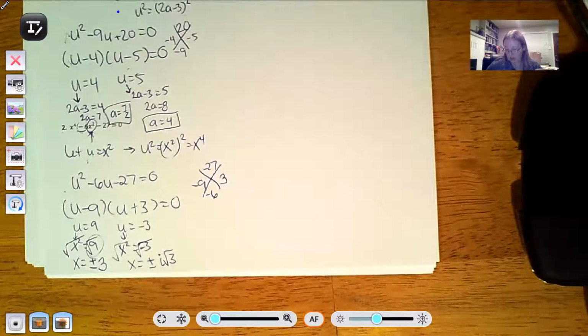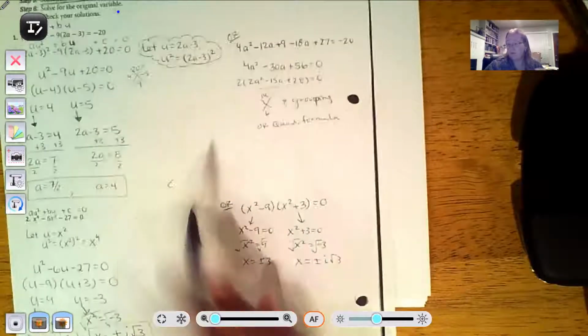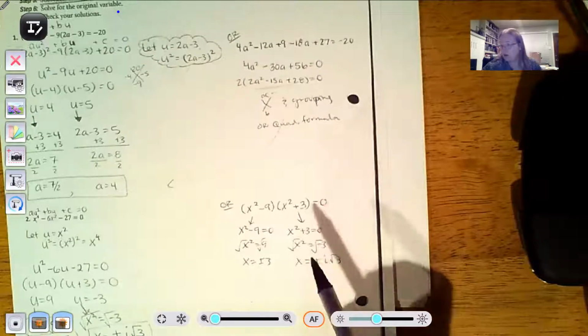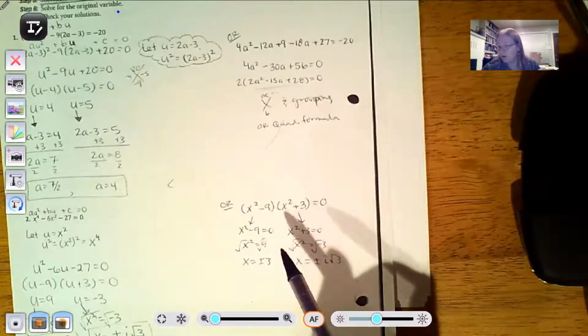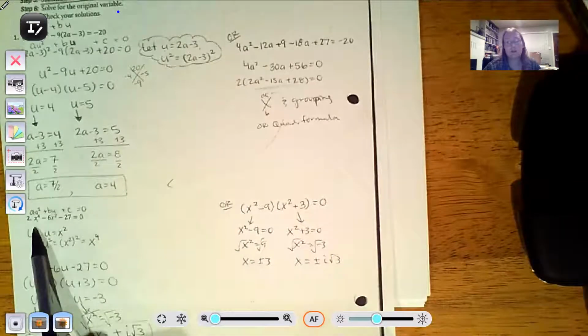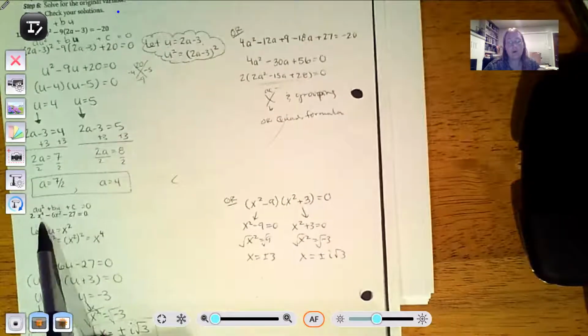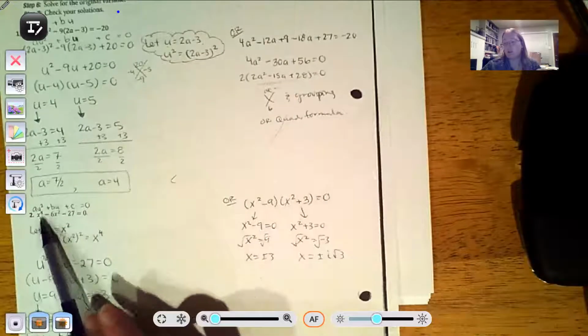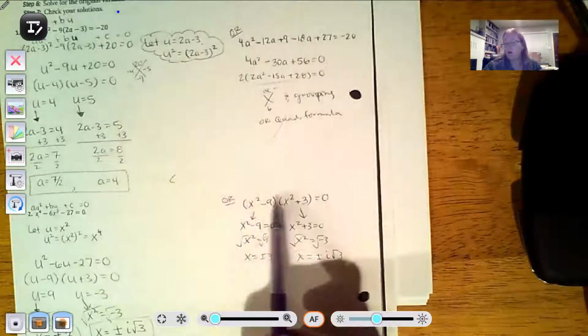That is it. There is an alternative to that. If you instead see this like we did earlier in the course, when we had a fourth power and a squared power, when we talked about factoring the special ones, we did factor it.